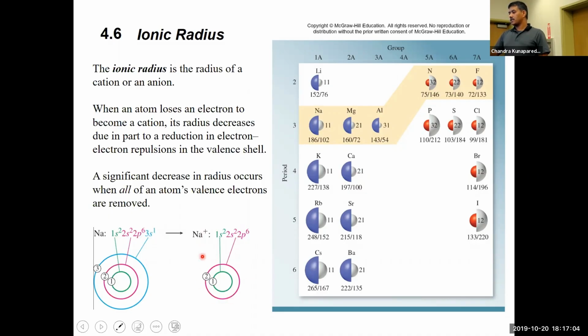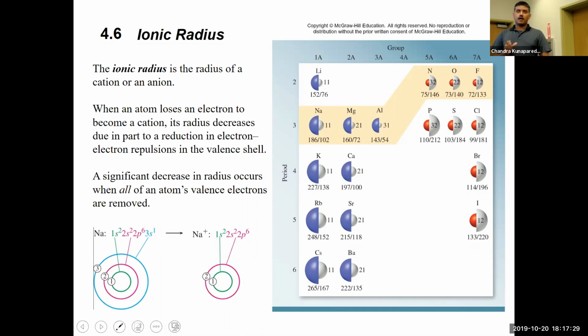You can clearly see that the size of the Na+ is smaller than the size of the neutral sodium, because by losing its only electron from the outermost shell, the sodium ion lost an entire shell. So the ionic radius of Na+ is much smaller than the atomic radius of neutral sodium.